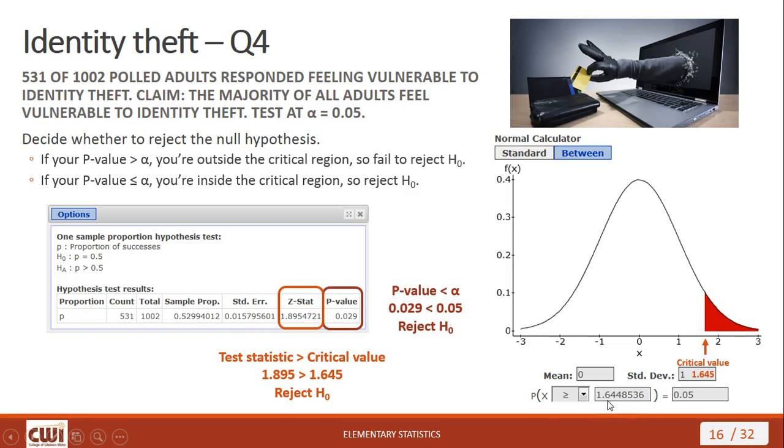This is our critical value, 1.645. When we compare with the test statistic, notice the test statistic is actually to the right, 1.895. So it's inside the critical region. That's the region of rejection, and therefore we can reject the null hypothesis.